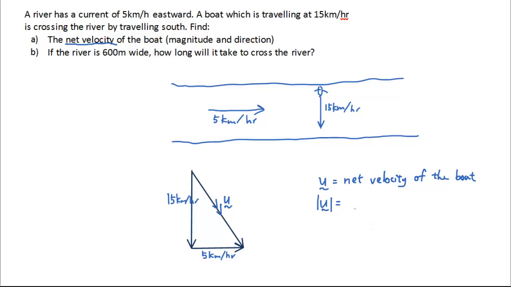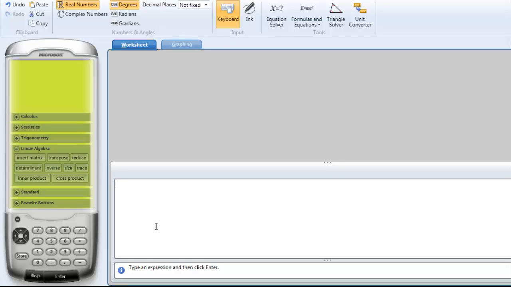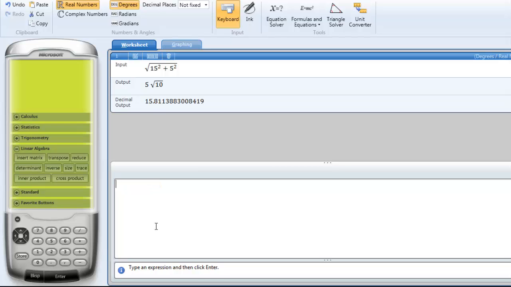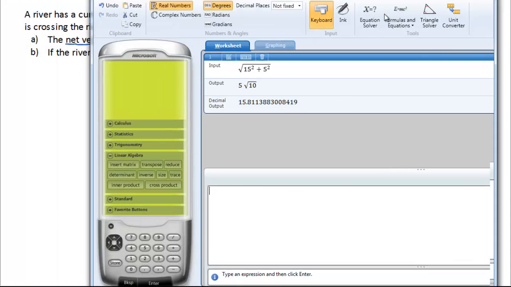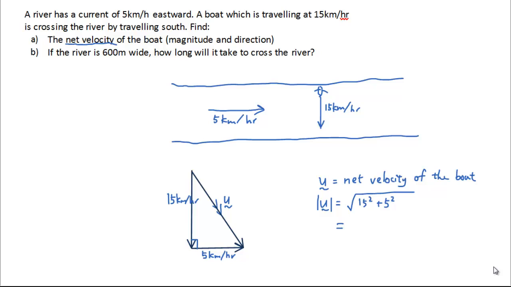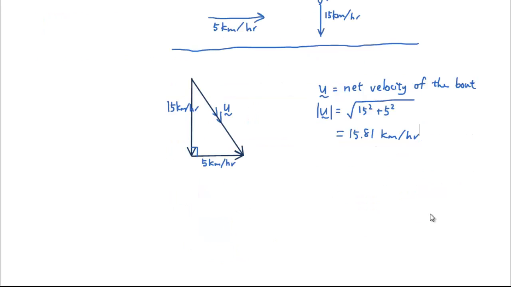Well, we're going to use Pythagoras. We're going to square root 15 squared plus 5 squared, because this is a right angle triangle here. Putting that in the calculator, the answer is 15.81. So the magnitude is 15.81 kilometers per hour.